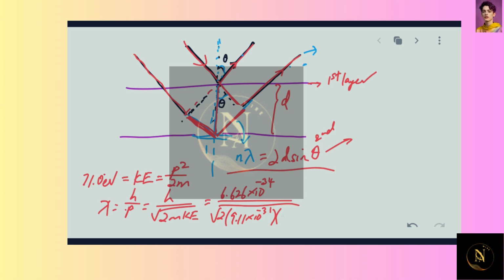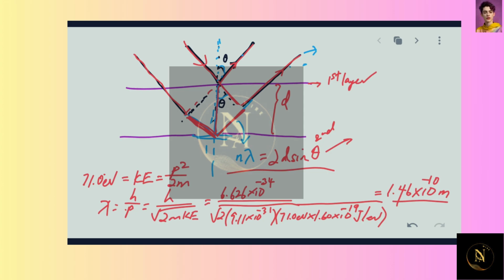The kinetic energy, we have to convert from eV into joules. And we should get 1.46 times 10 to the power minus 10 meters.